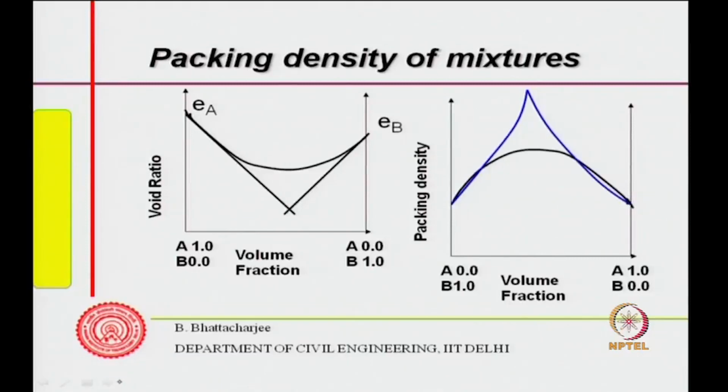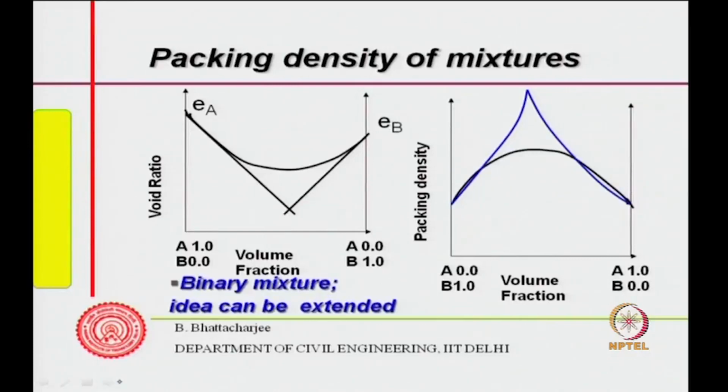The theoretical curve is shown in blue, the real one is the one shown in black, and this is because of what is called particle interference, loosening effect and wall effect, etc., as we discussed.